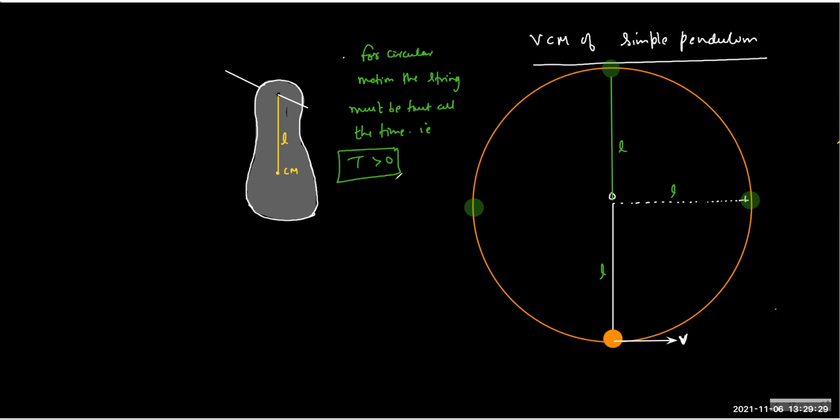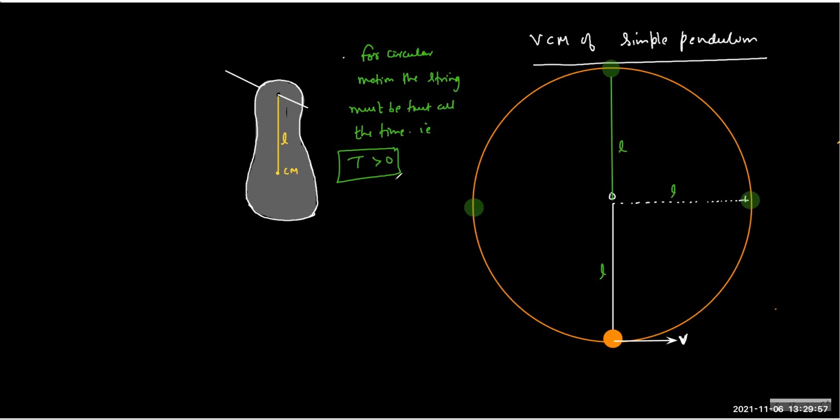Now, what will happen if tension becomes zero? The string will snap. So, what is the meaning of tension being zero? Which force will act if tension is zero? MG. So, the only force acting will be gravity, right?